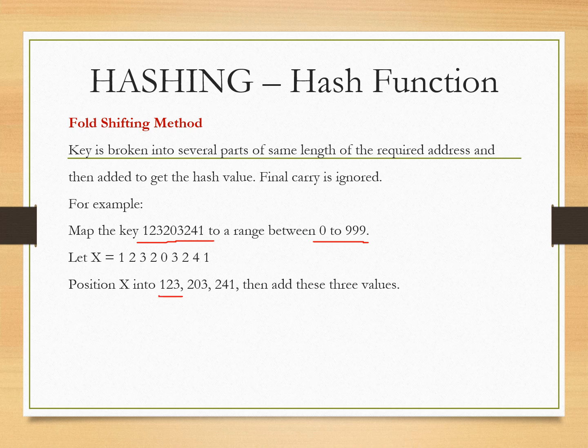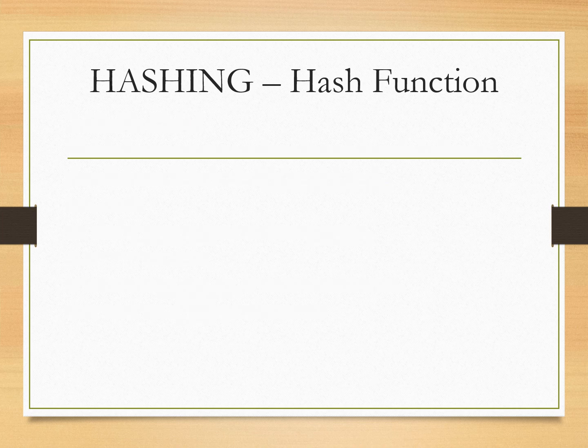So this 3 and this 3, and then I add these values, that is 123, 203 and 241. First I split into 3s and then I add. If there is a carry, then that carry is ignored. Only the sum part is taken, that is 567. So this 567 will now act as the index to my hash table. This is the fold shifting method.